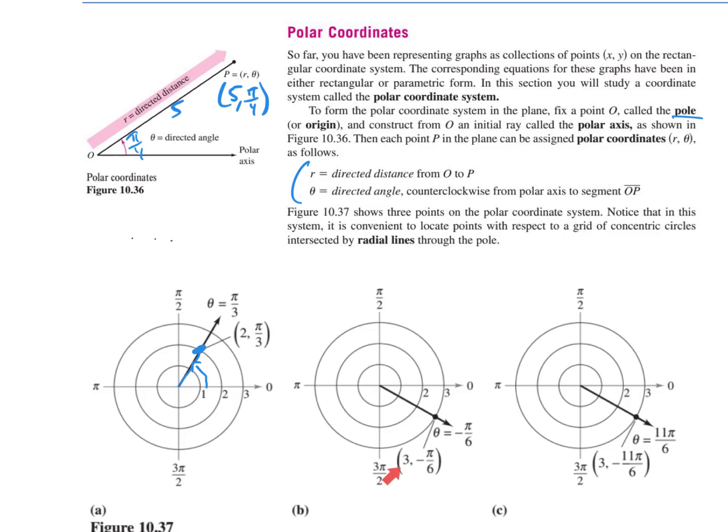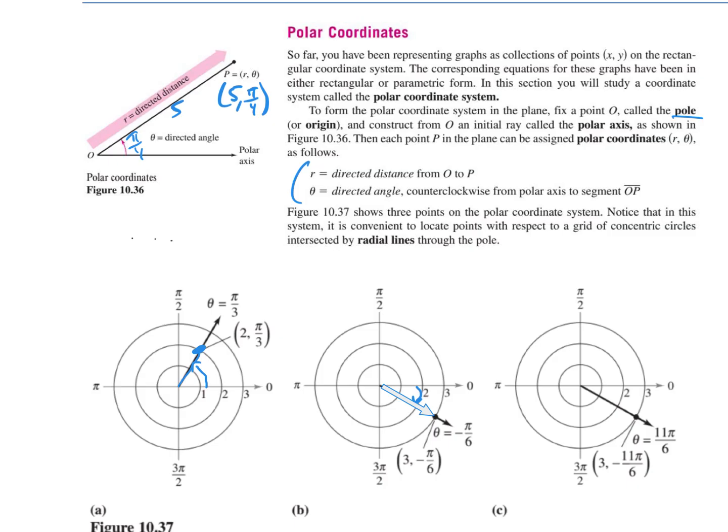If we have (3, negative pi over 6), negative pi over 6 is traveling in the negative direction, or the clockwise direction. So we're going to turn, and then we're going to go out a distance of 3. Again, we're rotating in the negative pi over 6 direction, and we're going out to a radius of 3.